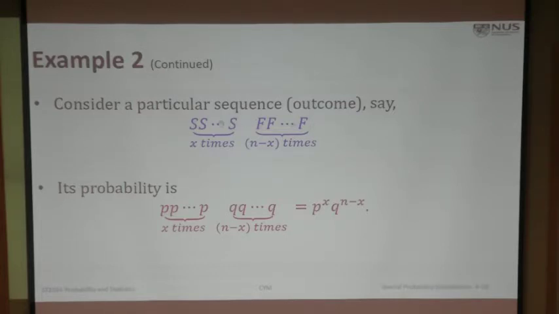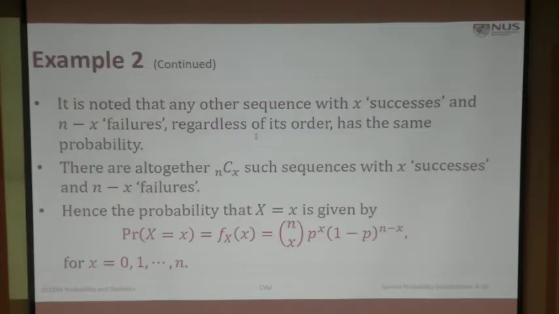And these are all independent, so the probability of this particular collection of events is precisely like this. But if I had a different ordering, suppose I went success, failure, and I did that all the way until I got x successes and n minus x failures, it still has that same probability, right?